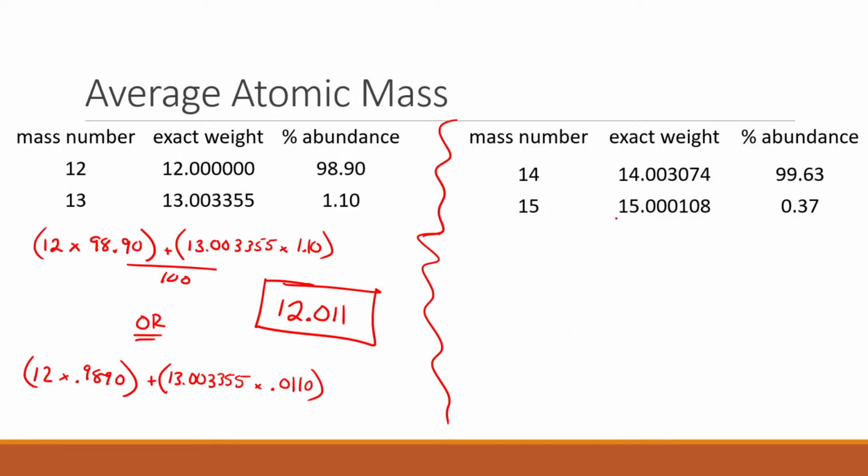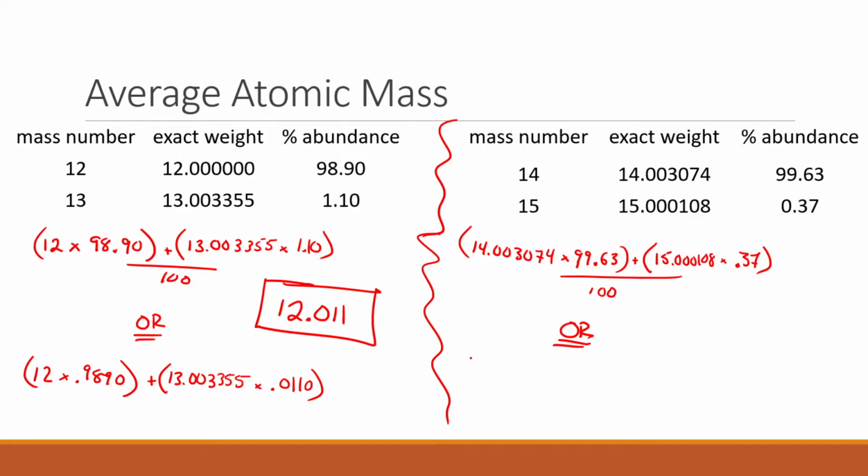If I want to find the average atomic mass, I'm going to take the mass that they give me times the abundance plus the mass that they give me times the abundance divided by 100, or that same setup, but instead of dividing by 100, I'm going to move my decimal point 2 places.